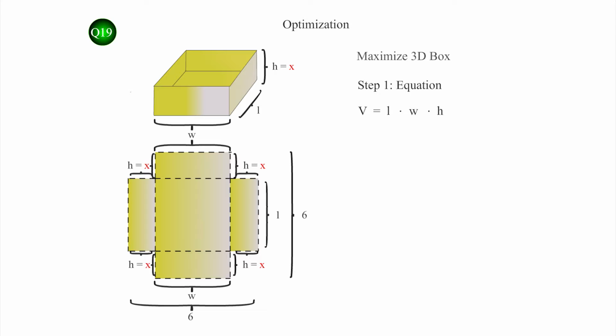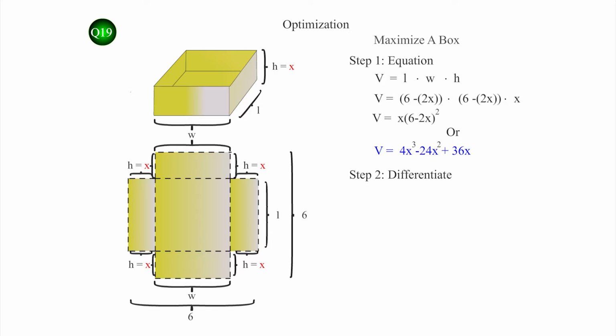The relation equation that we will use for this question is the volume formula for the cuboid. V equals (6 minus 2x)(6 minus 2x) times x, which we can then simplify to V equals x times (6 minus 2x) squared.